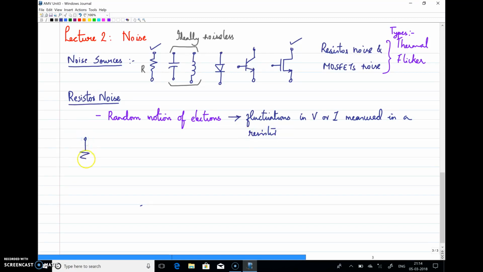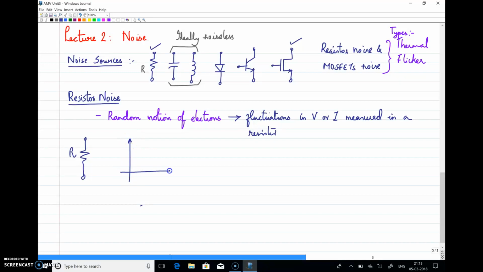If this is a resistor of value R, the motion of electrons through this resistor will be random in nature, and if you measure the voltage or current across this resistor, it is affected by this randomness.